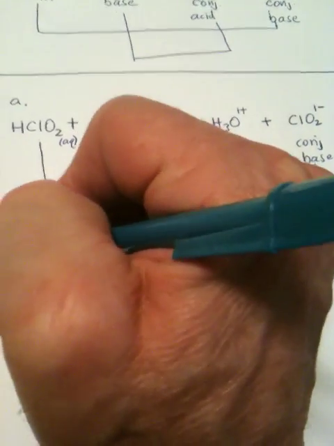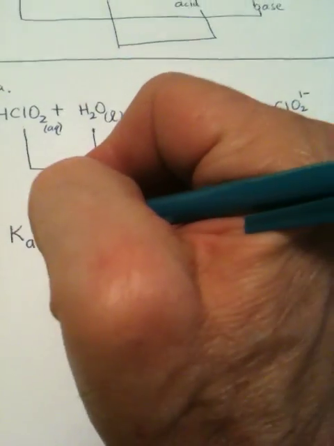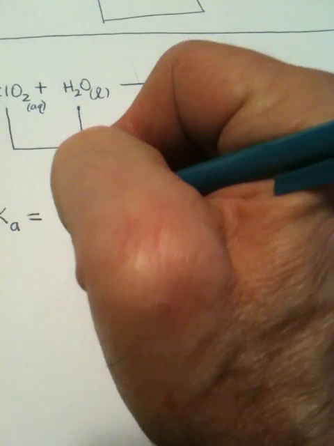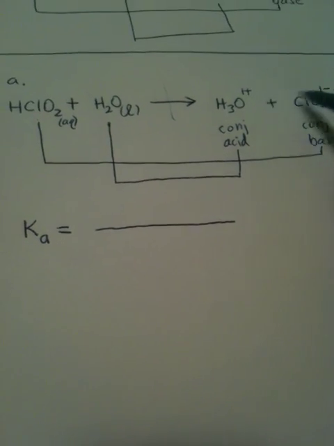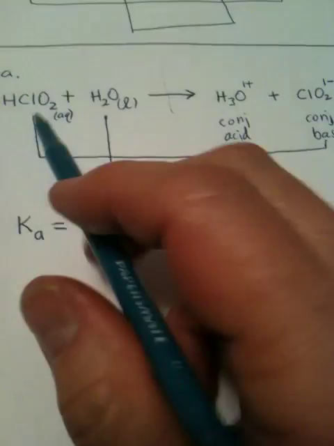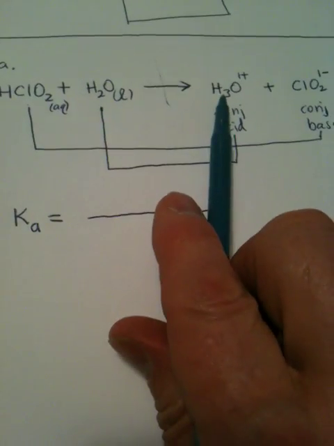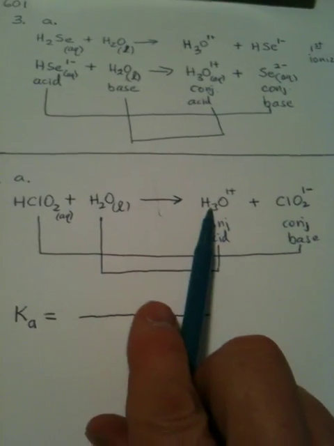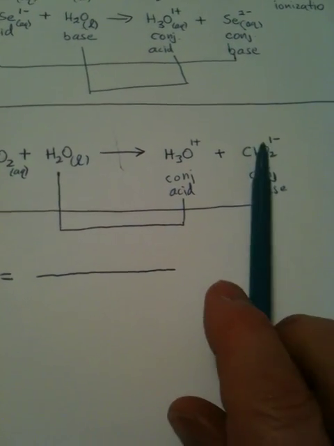Now we have to get the K sub A. The K sub A expression, the equilibrium constant for the acid, is going to be just like in our last chapter. We've got two products on the other side. Oh, we have to balance this equation, so let's make sure it's balanced. We have 3 hydrogens here, 3 here. We have 1 chlorite ion here, 1 chlorite ion here.